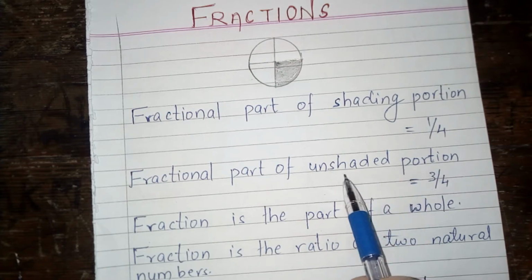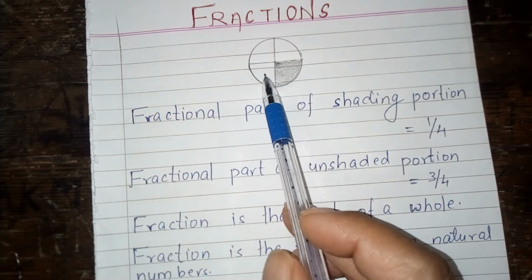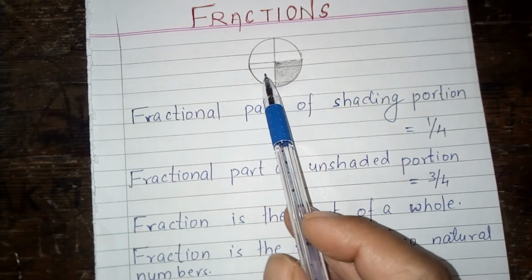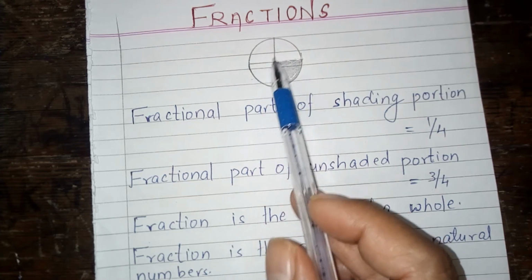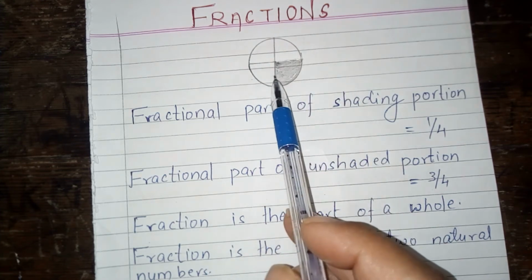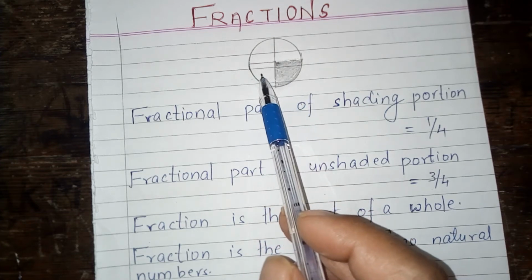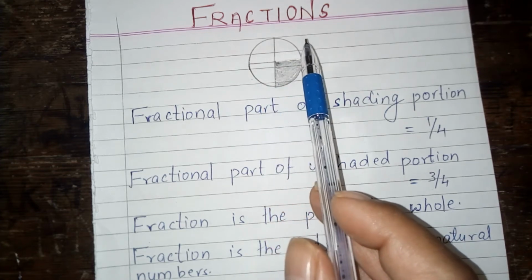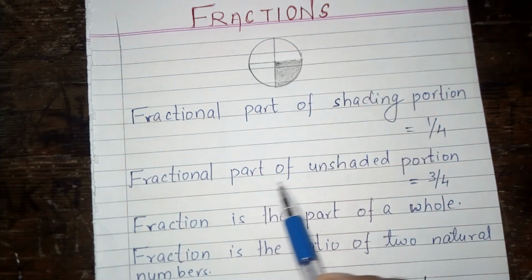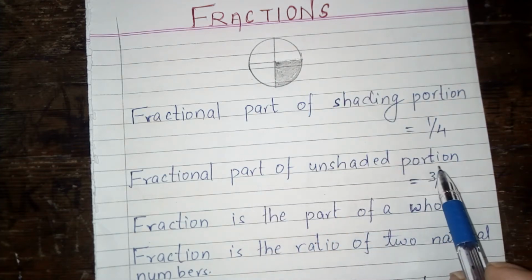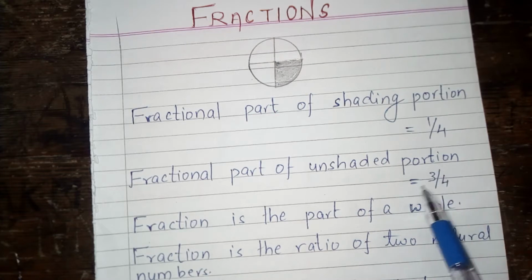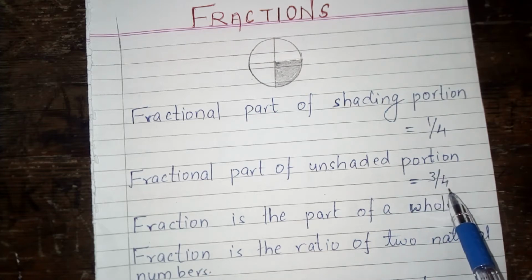Unshaded portion means which portion is not shaded. The portion which is not shaded. So in this figure, as you are looking, only three parts are not shaded. So the fractional part of the unshaded portion is 3 upon 4.